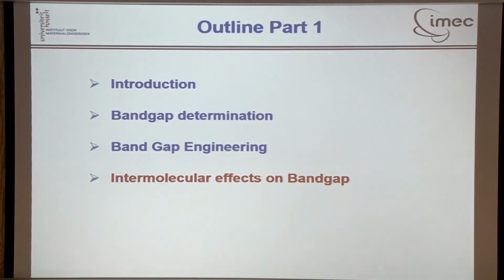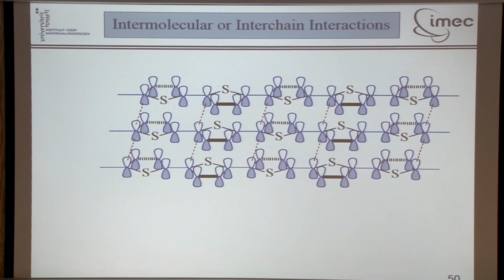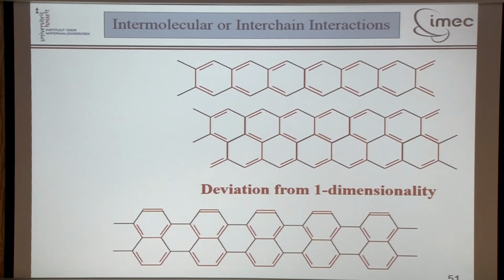Finally, intermolecular effects on the band gap. What if you have not only one-dimensional delocalization, but these chains interact? Also, this has an effect. That's called deviation from one-dimensionality. Now, there are systems where this is present in the structure, in which you have more of a two-dimensional structure.